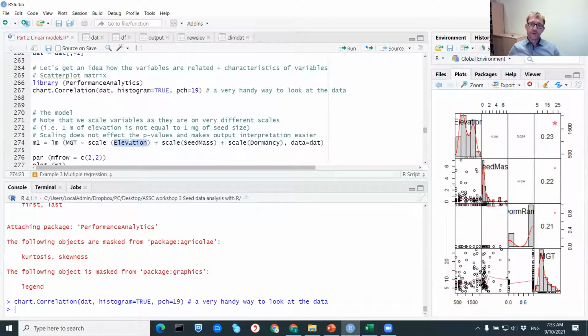I have 3 working hypotheses, and I ask whether elevation has an effect on mean germination time, whether seed mass has an effect on this parameter, and dormancy. Before I run the model, I scale the variables. Does anyone know why we need to scale variables here? Why is it important? Any ideas?